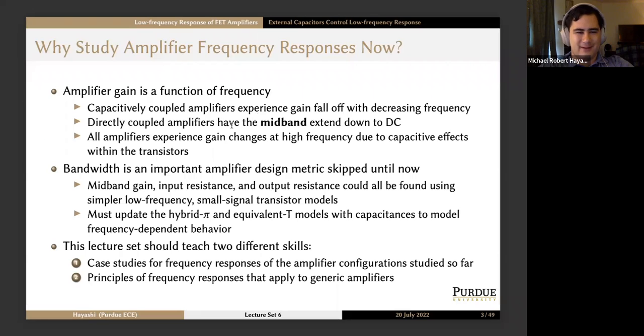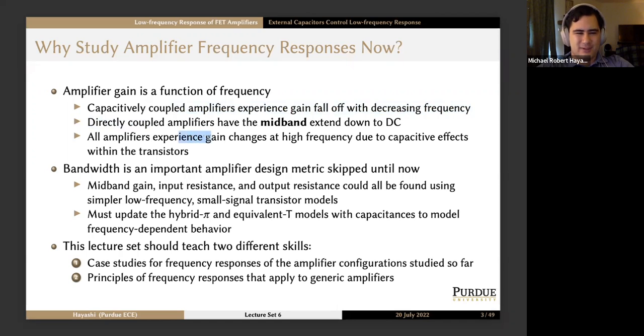Directly coupled amplifiers, like the ones built from scratch on a silicon die by VLSI engineers, are going to have their midband extend down to DC, hence the name directly coupled, DC. Good mnemonic right there.